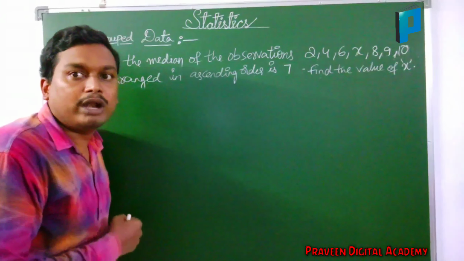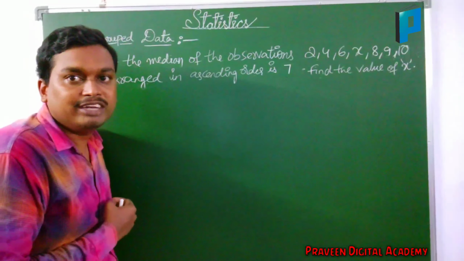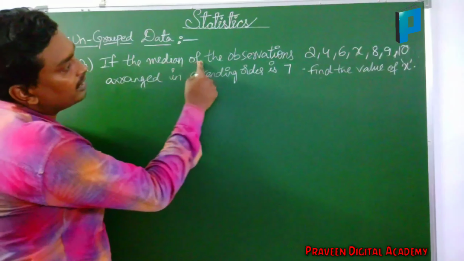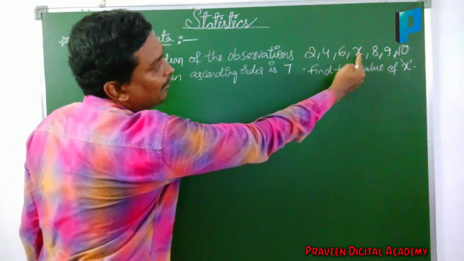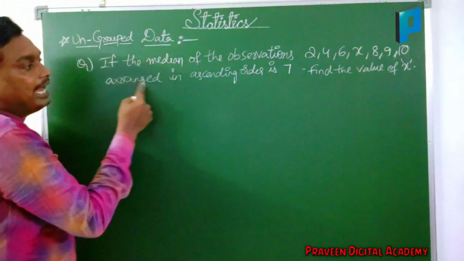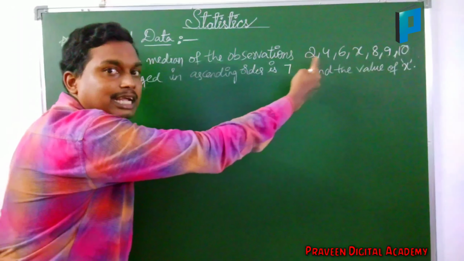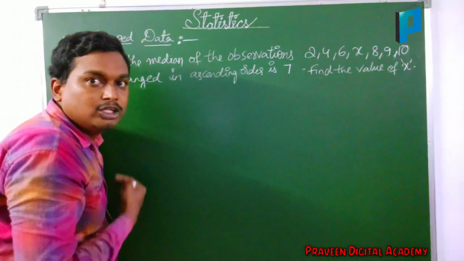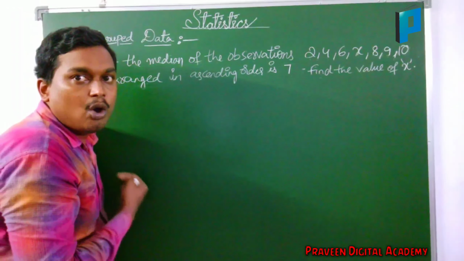Let us see one more question on median when odd number of observations are given. Here the question is, if the median of the observations 2, 4, 6, x, 8, 9, 10 arranged in ascending order is 7. Means the given observations are in ascending order only. So we no need to convert again into ascending order.